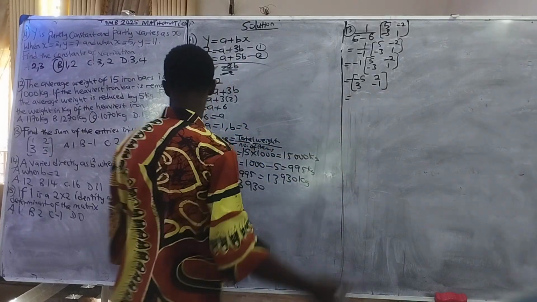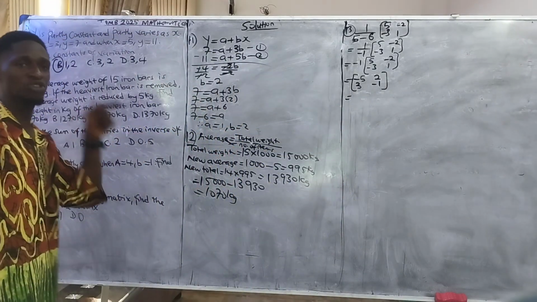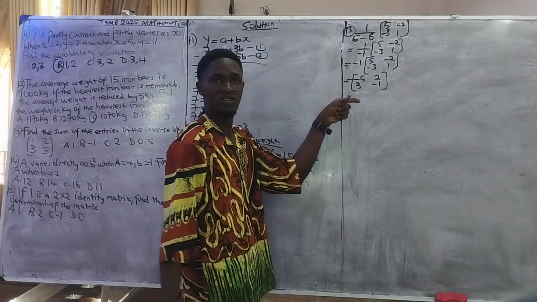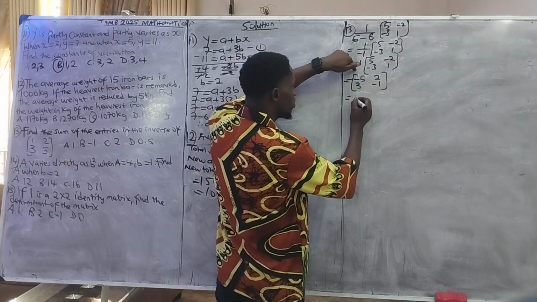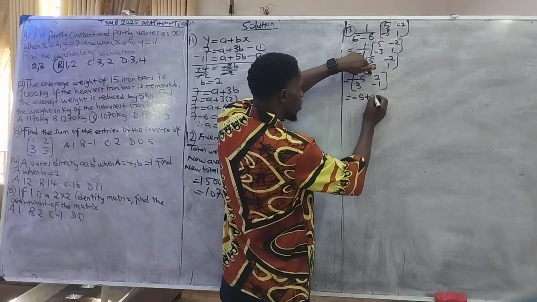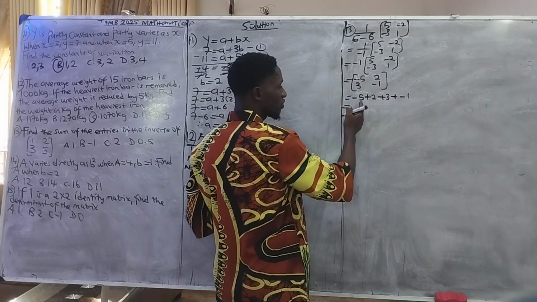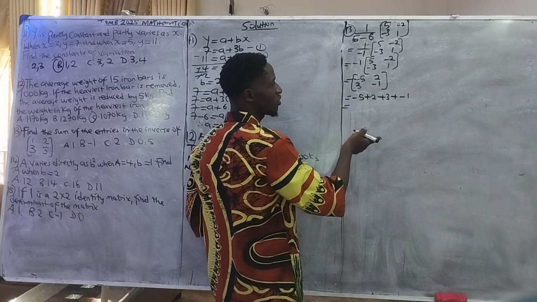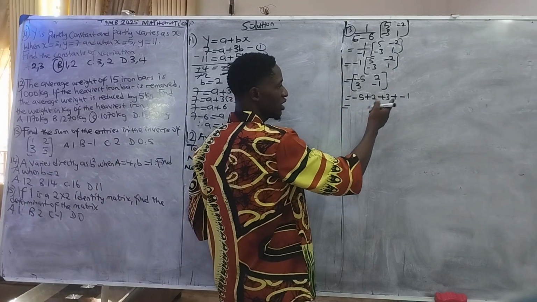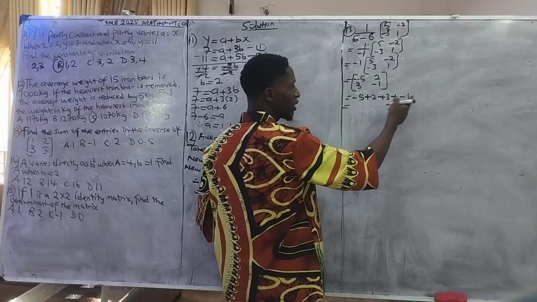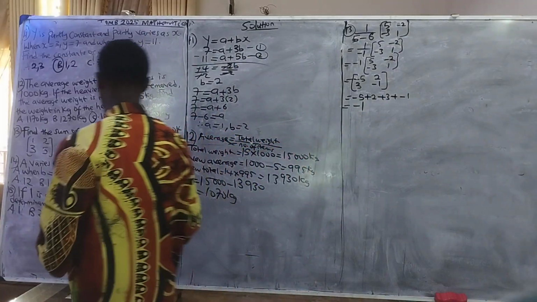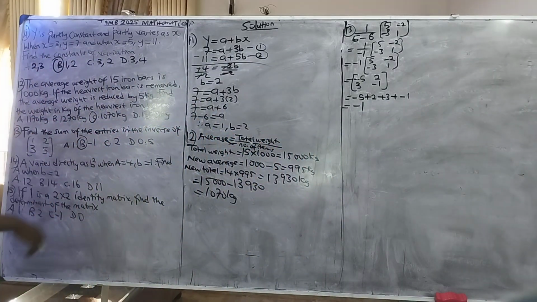This is the inverse, but look at what they told us. The sum of the entries means that we should add all these items. So the sum is minus 5 plus 2 plus 3 plus minus 1. Minus 5 plus 2 is minus 3. Minus 3 plus 3 is 0. 0 plus minus 1 is minus 1. So the answer is minus 1.